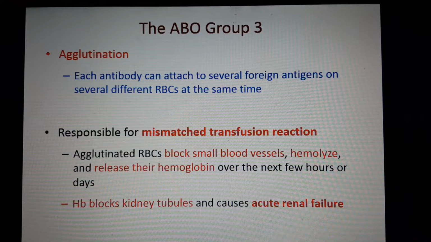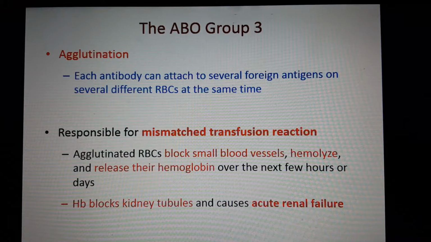With all this extra hemoglobin that hasn't been able to be processed and broken down, by taking off the heme group and breaking down the globin proteins into their individual amino acids, this extra hemoglobin ends up blocking those kidney tubules, causing acute renal failure.